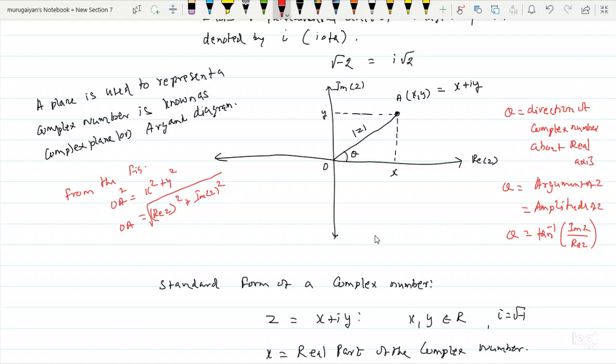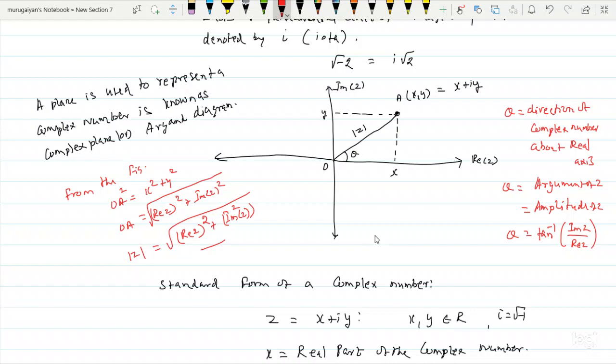So this is another formula. OA is nothing but the modulus of the complex number, the positive square root of the sum of the squares of the real part and the imaginary part of the complex number. So dear student, the most important and fundamental formulas are the modulus and amplitude of a complex number.